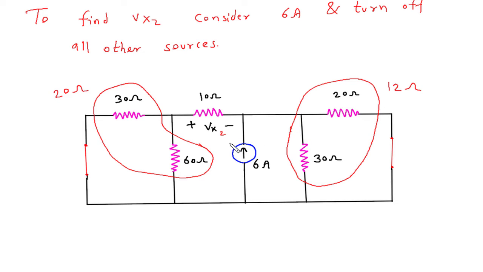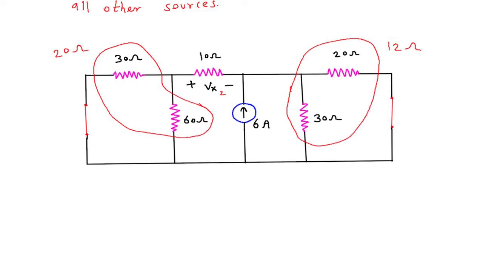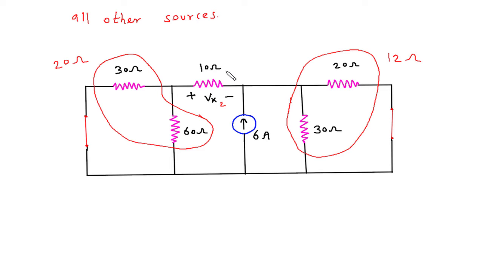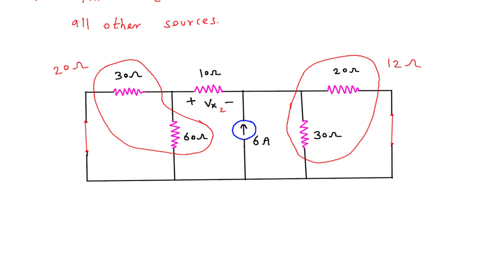Now this 12 ohm is in parallel with this 10 plus 20, which is 30 ohm, or directly we can find using the current division rule. Let's say this is current I 10 ohm.